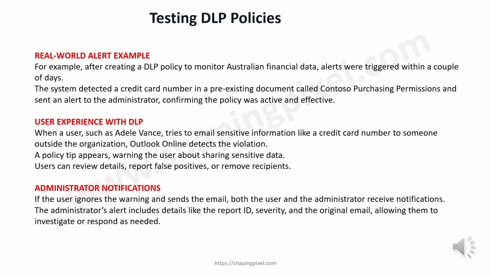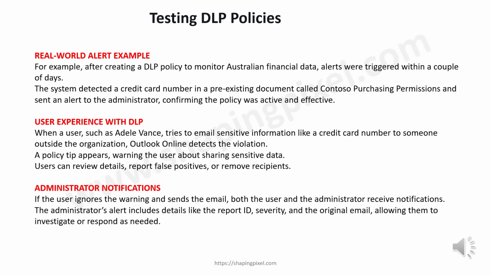For example, after creating a DLP policy to monitor Australian financial data, alerts were triggered within a couple of days. The system detected a credit card number in a pre-existing document called Contoso Purchasing Permissions and sent an alert to the administrator, confirming the policy was active and effective.